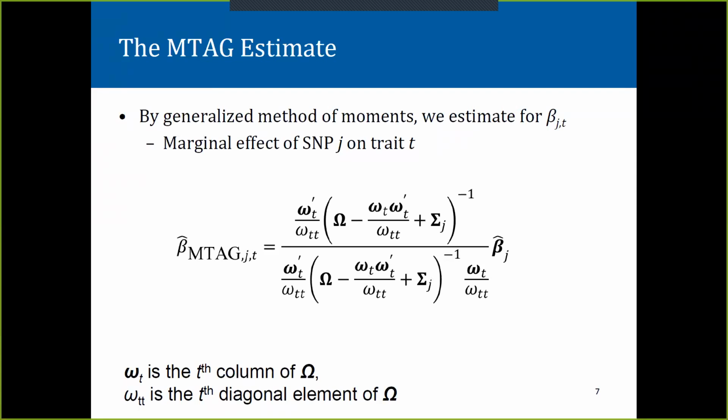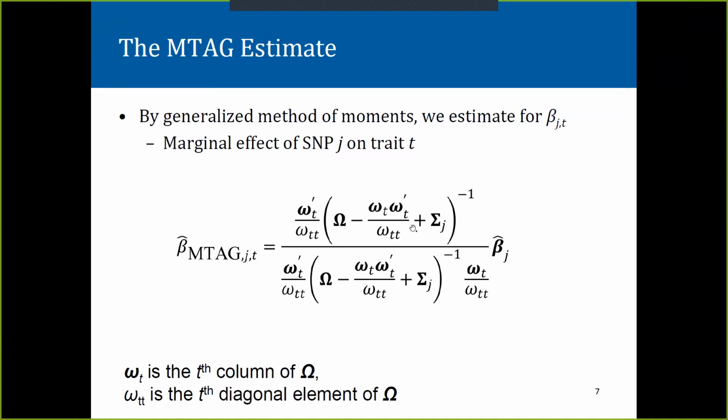So omega sub T, since it's the T-th column of omega, is just the vector of genetic covariances between trait T and all other traits in the model. Omega sub TT is just the T-th diagonal element of omega, so it's the variance of beta sub T.